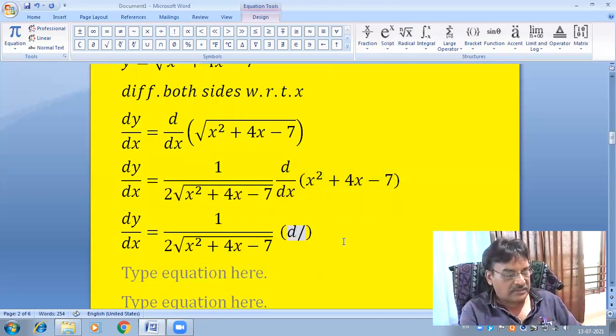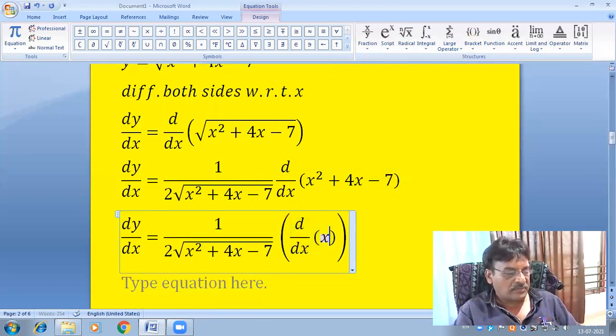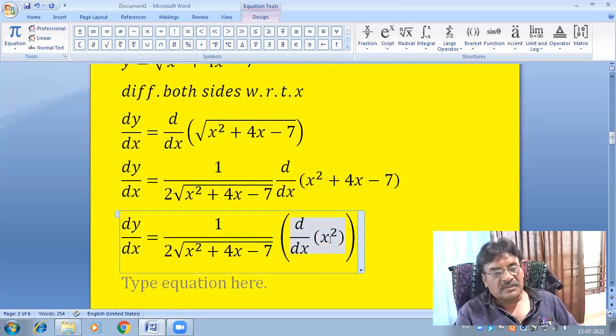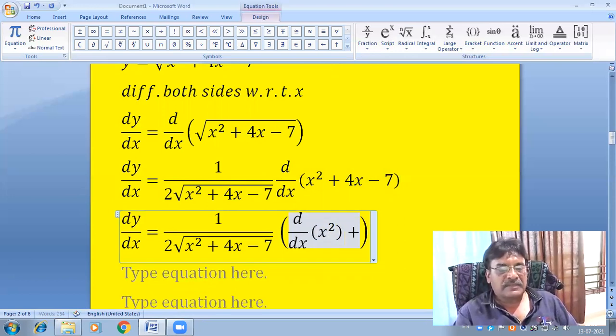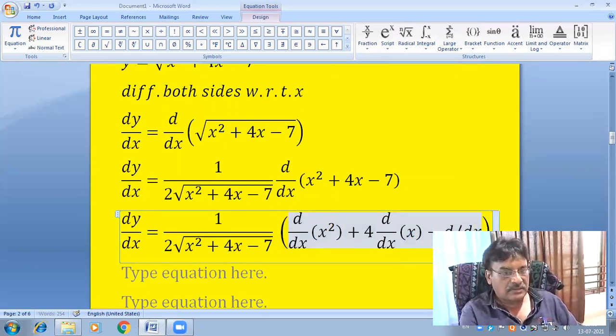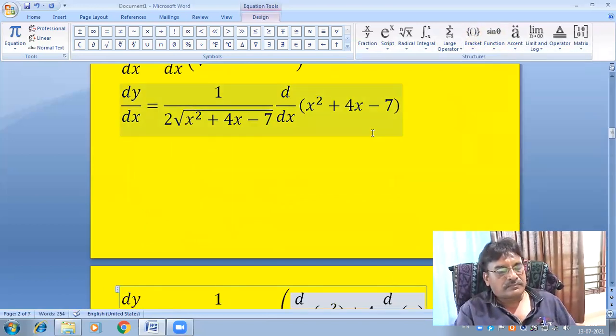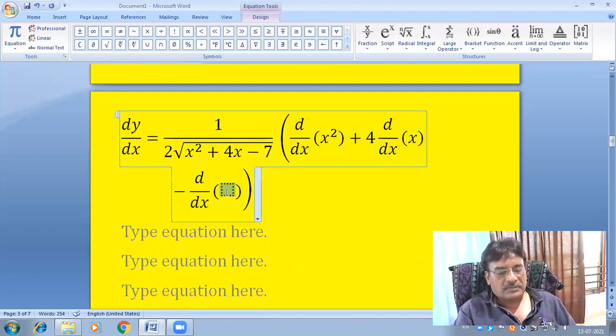So first we write d/dx of x square, plus 4 as it is because 4 is constant, d/dx of x, minus d/dx of 7.